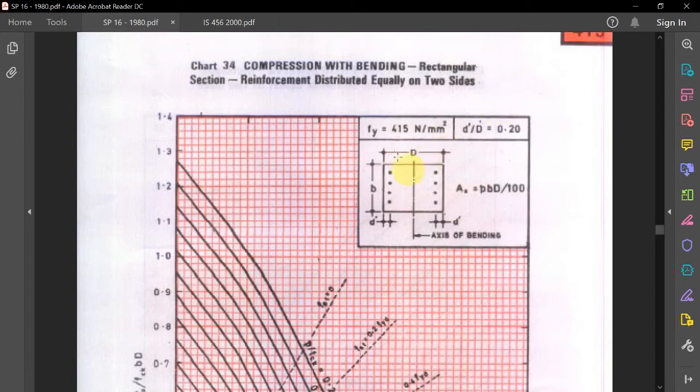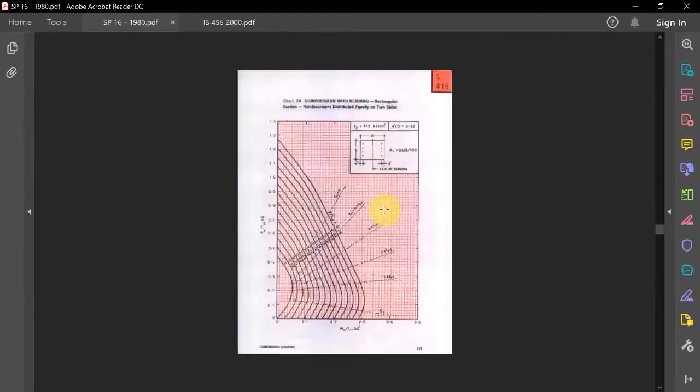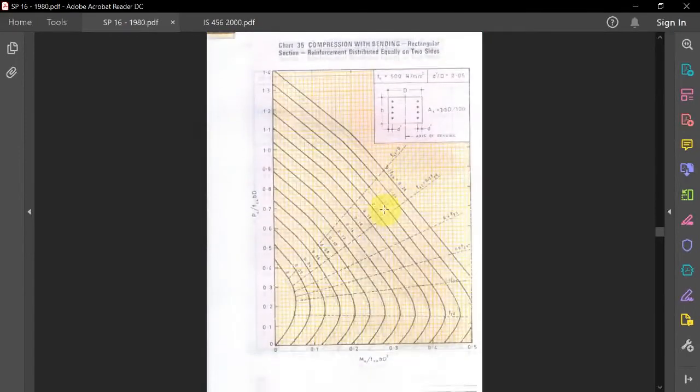So these charts are used for uniaxial bending only. You can see the reinforcement is only on the two sides. There is no reinforcement here. If you plan on giving reinforcement on this side also, which is generally done for biaxial bending, that is when the bending is in both directions, then these are not the charts you need to take. For them different charts are given.